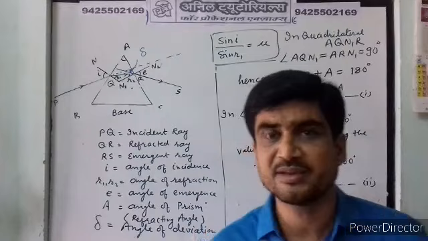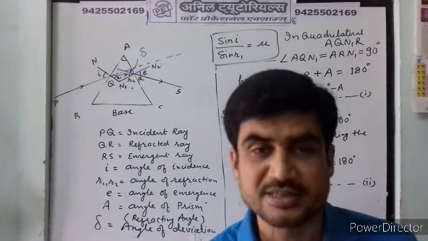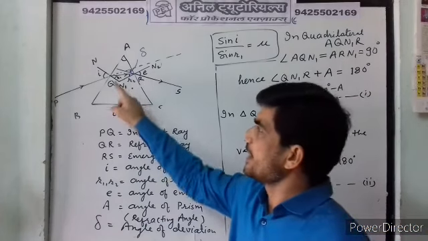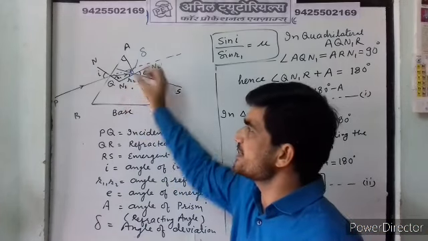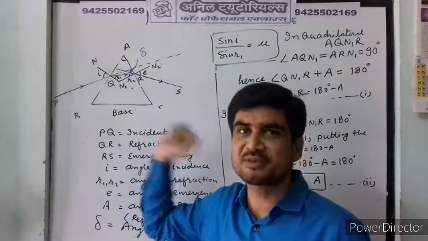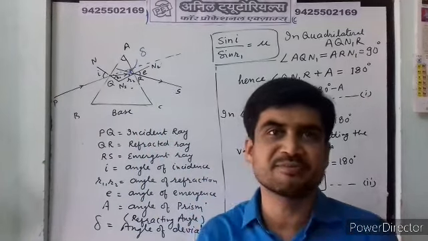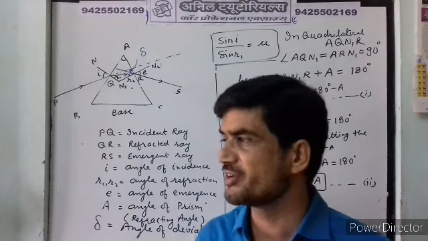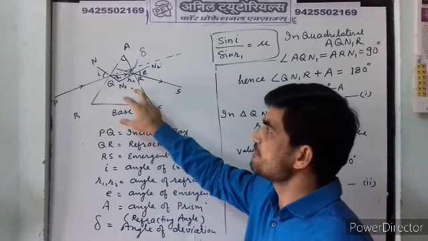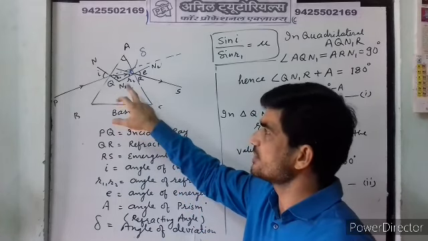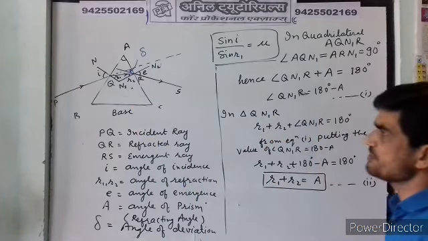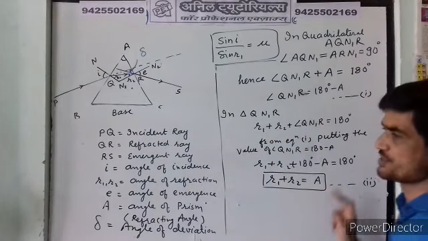This is a very important result. Just see, the sum of the two angles made inside the prism, whatever name we give them, in some problems they are called alpha and beta, the sum of these two interior angles made inside the prismatic triangle, R1 plus R2 here, will always be equal to the angle of the prism.